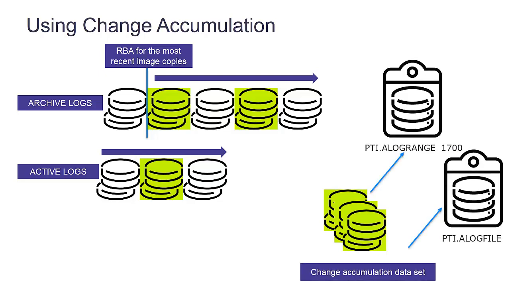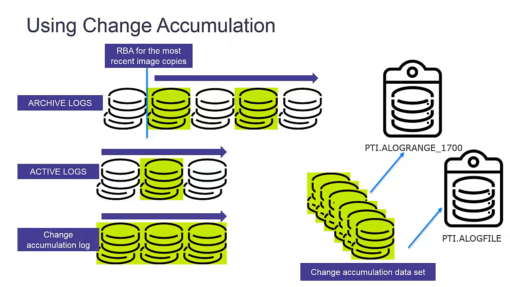The information is registered in change accumulation recovery tables. CA Merge Modify can also sort log records to stack change accumulation datasets to tape. When you run a change accumulation job, CA Merge Modify stores the recovery log records for the group of specified database objects in a change accumulation log.